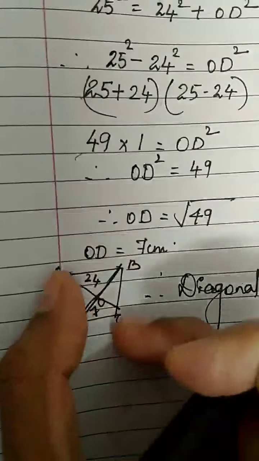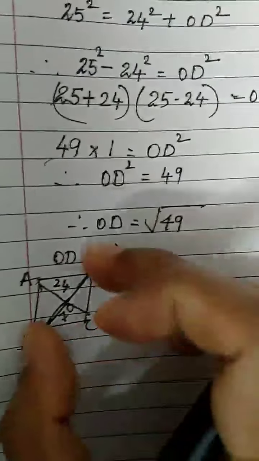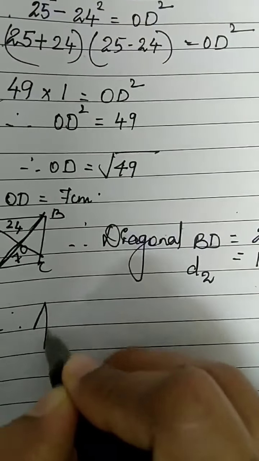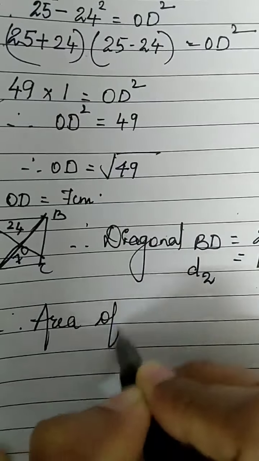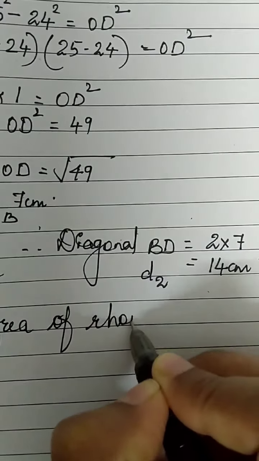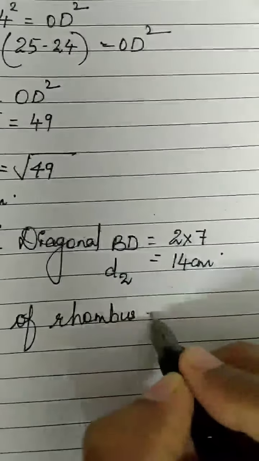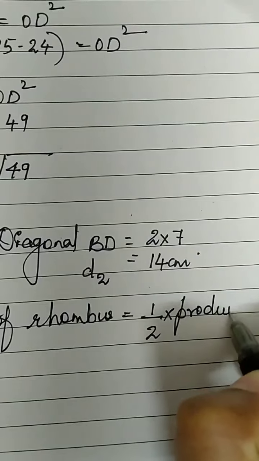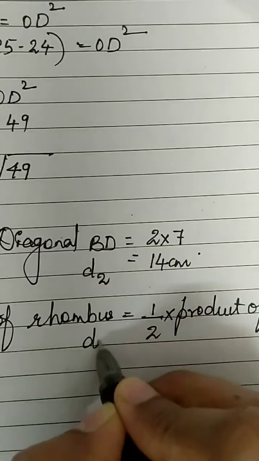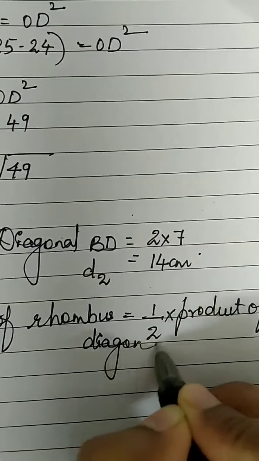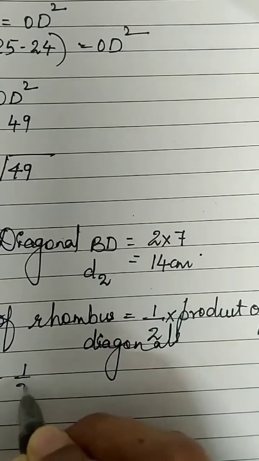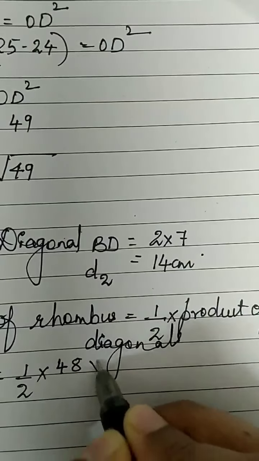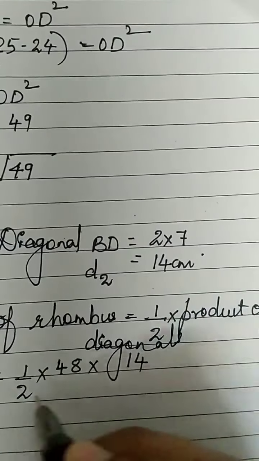Now you know the first diagonal was 48. Second diagonal is 14. Can you find out the area of rhombus now? Therefore, area of rhombus is equal to half into product of diagonals, which is equal to half into first diagonal, which was 48, and the second diagonal we got 14.